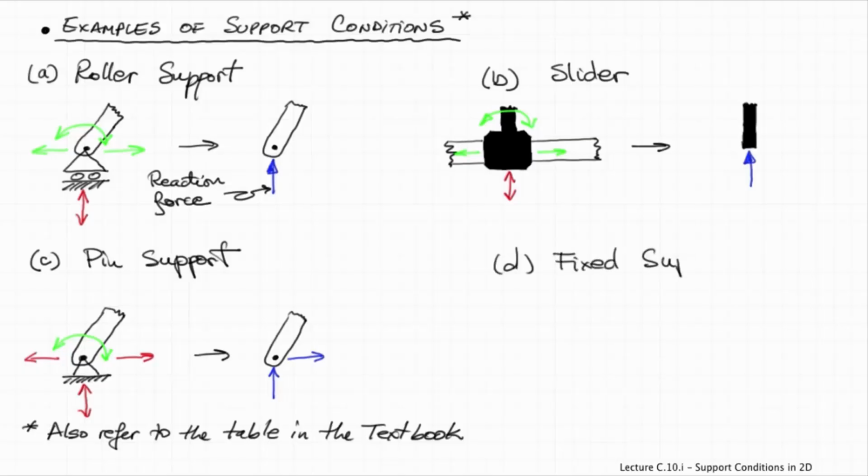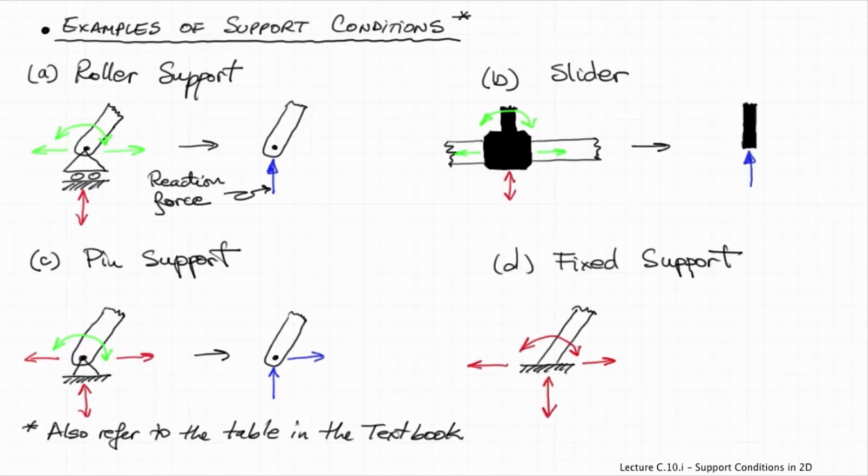Next, the fixed support. As you can see in the diagram that I'm just drawing now, a fixed support shows just the hatched base, and a fixed support, as you can imagine, does not allow any movement.